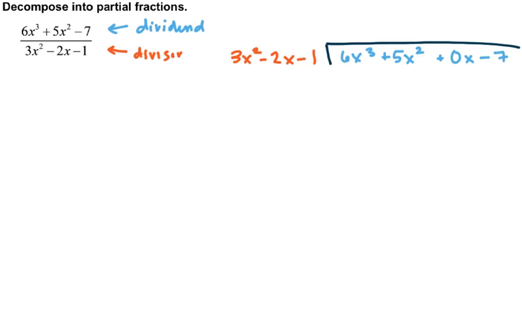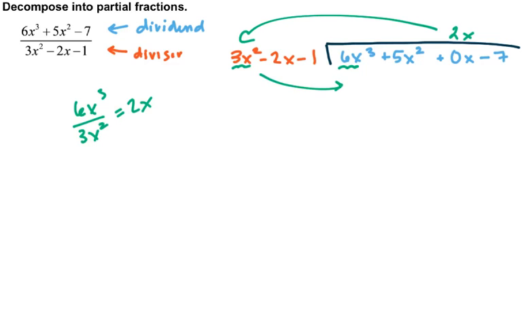The first thing I will do is I will divide 3x squared into 6x cubed. 6x cubed divided by 3x squared gives me 2x. So 2x goes above my linear term, and then I multiply that 2x through my divisor polynomial expression, and I'm going to put that underneath.